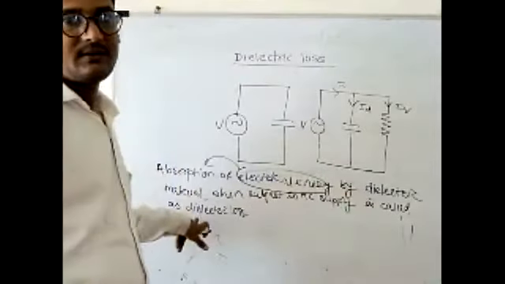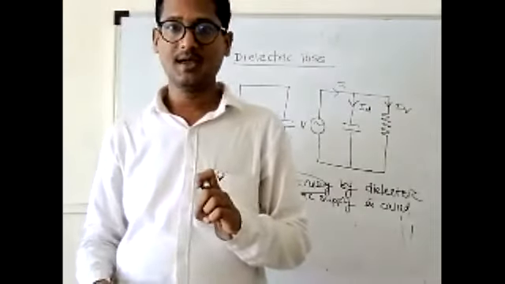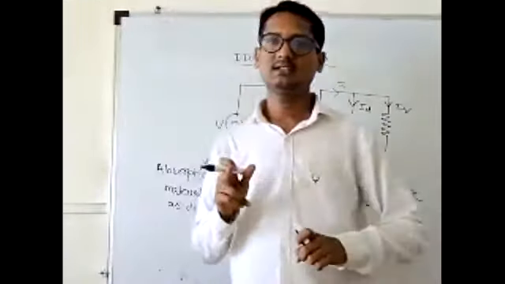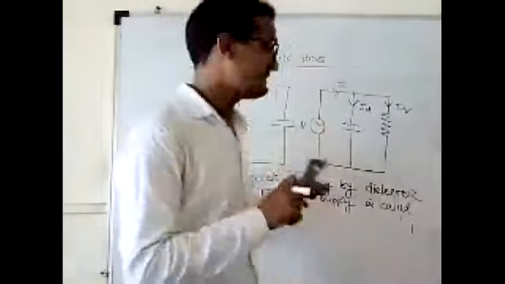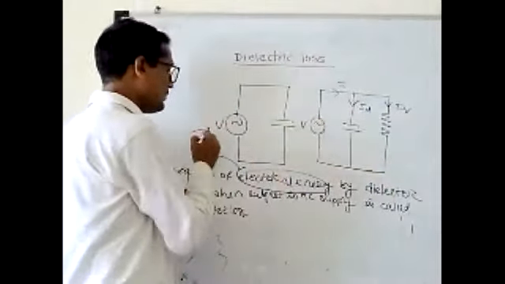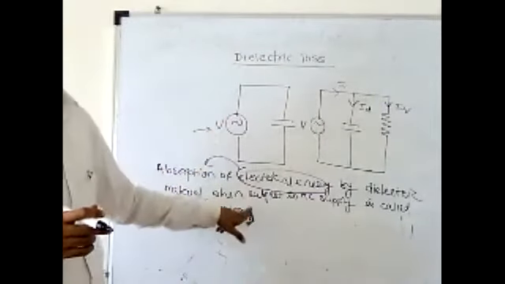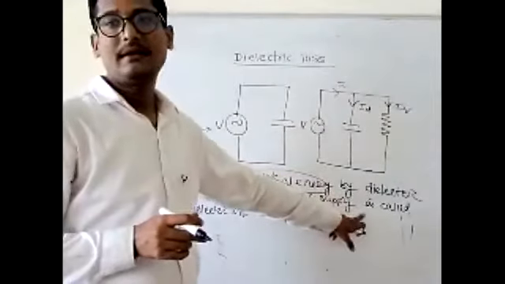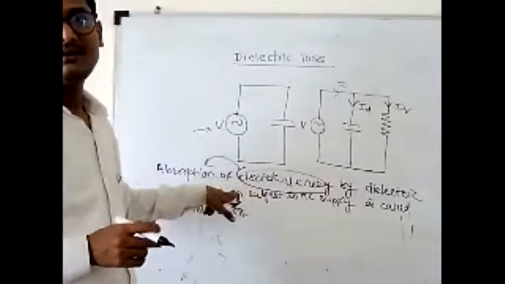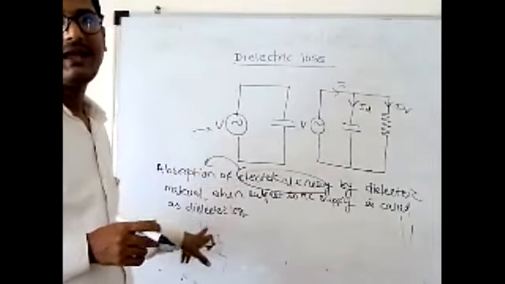Dielectric material absorbs the electrical energy when it is subjected to AC supply. With whom? With AC supply. When electrical energy is absorbed by dielectric material when subjected to AC supply, it's called a dielectric loss.